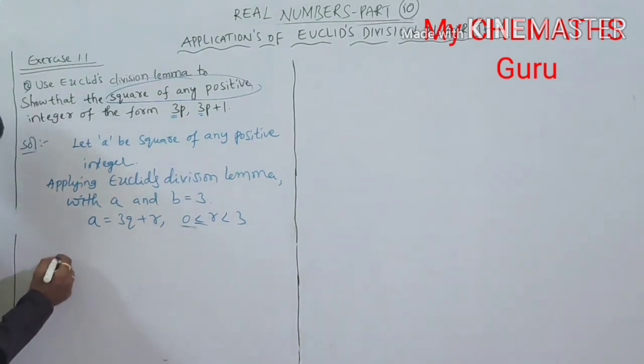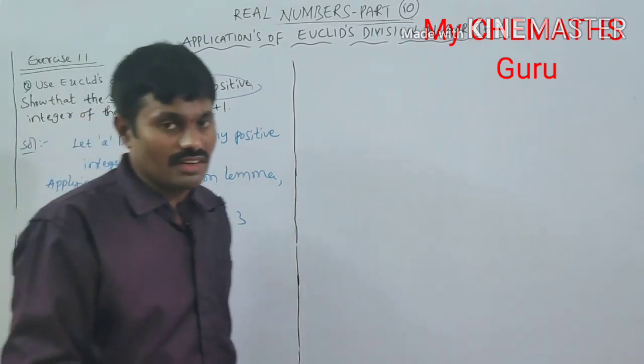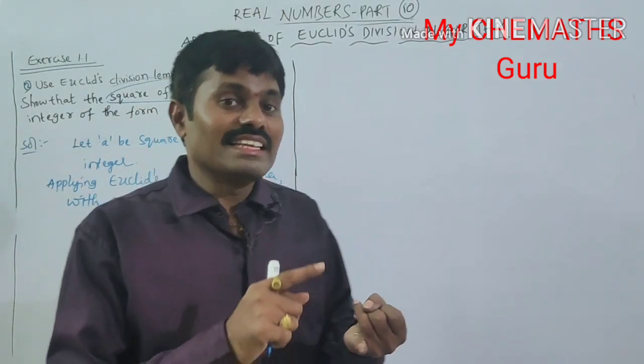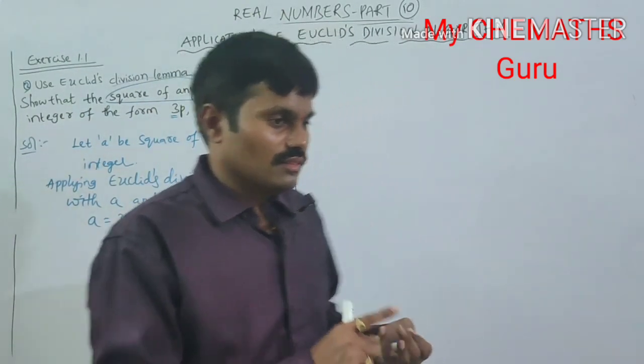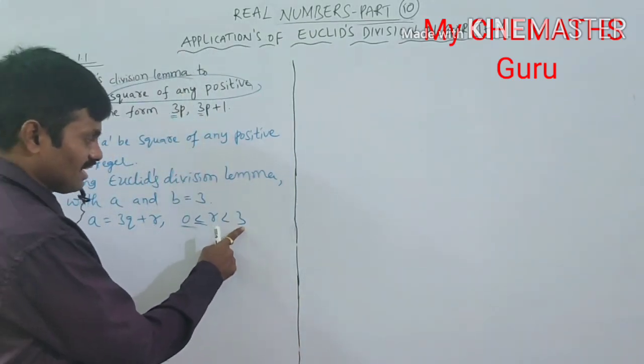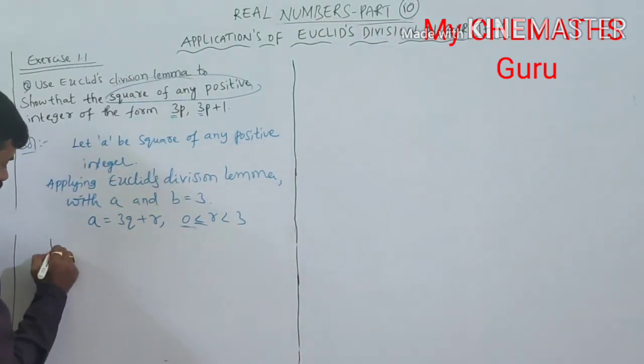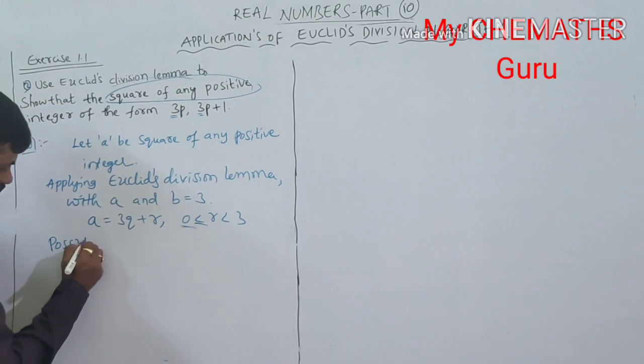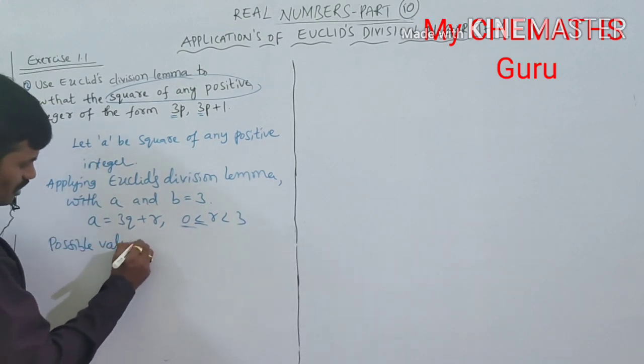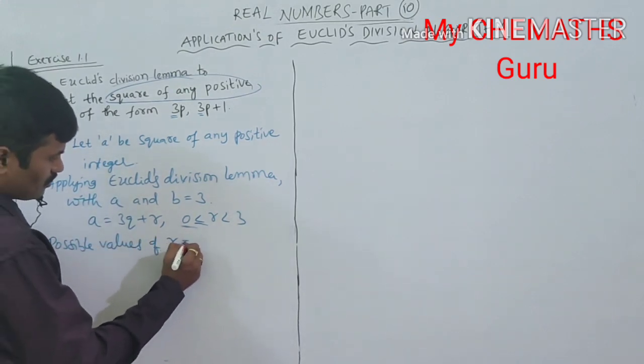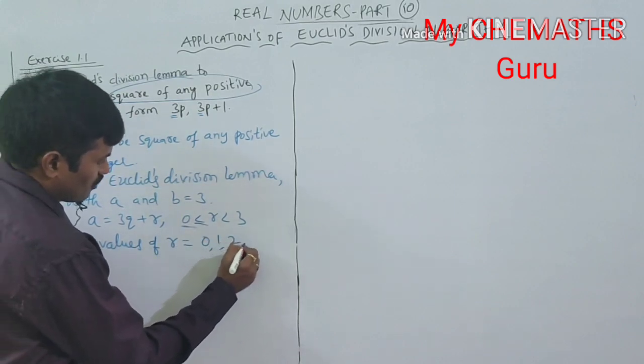What are the possible values of r here? Can you guess? 0, 1 and 2, because it is less than 3. So the possible values of r are 0, 1, 2.